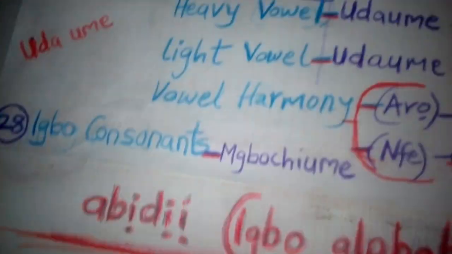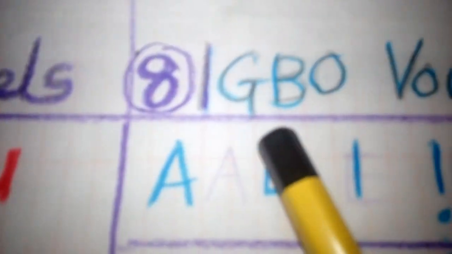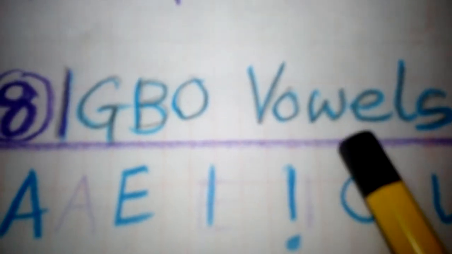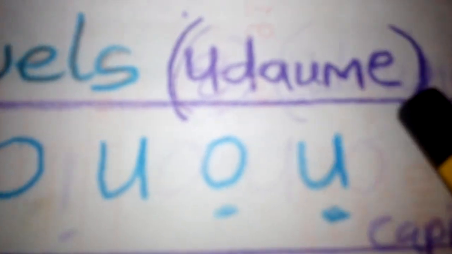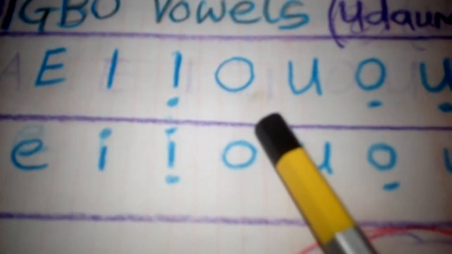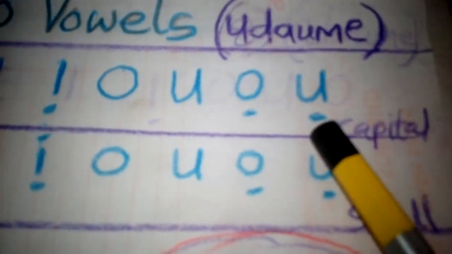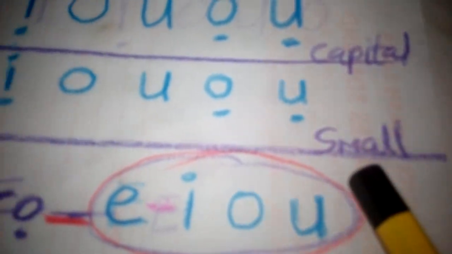Let's see where I pull them out. The 8 Igbo vowels, known as Udaume: A, E, I, O, U, Ụ. This is the capital letter and this is the small letter.